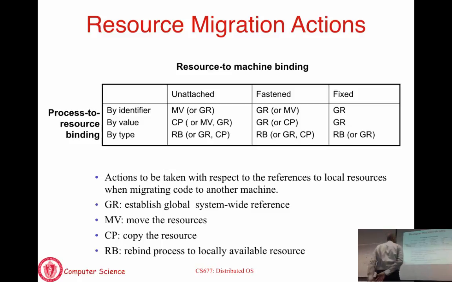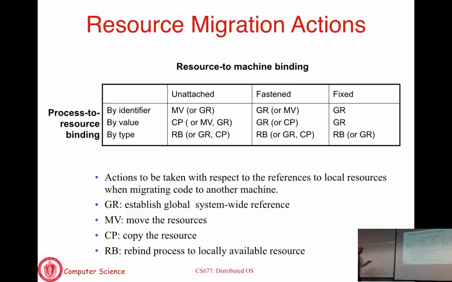So rebind essentially says to rebind a process to a locally available resource. What that means is if there is another resource of the same type on the new machine, just use that instead of the original resource. The example I gave was process A trying to print to a printer. The printer is your resource. If this process moves here, and there's another printer here, you just say that rather than printing there, print to a local printer.